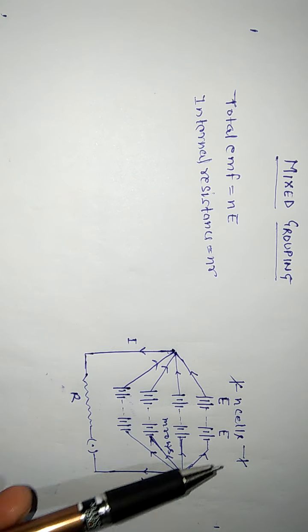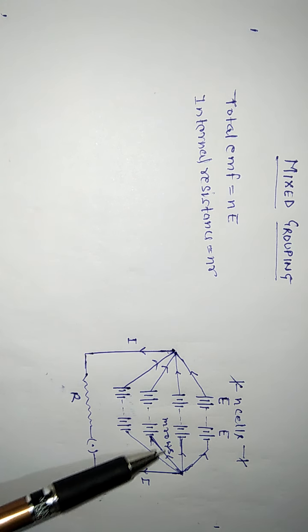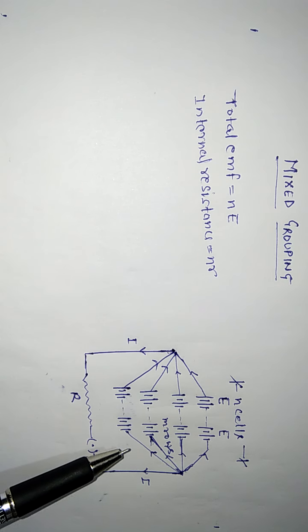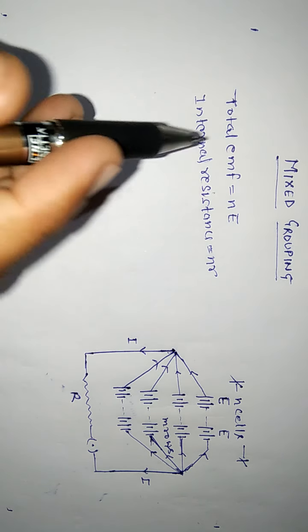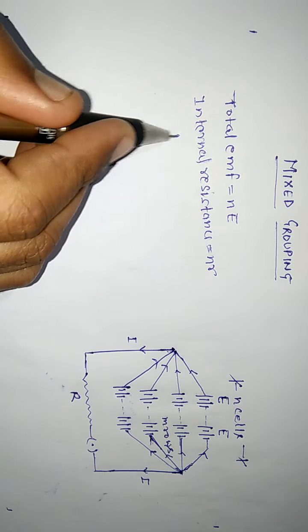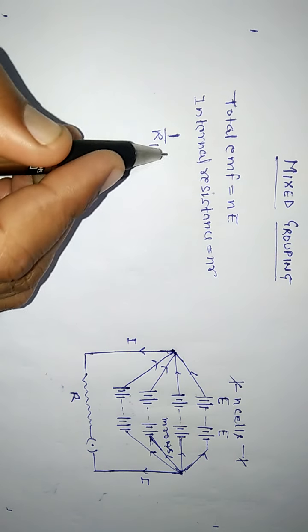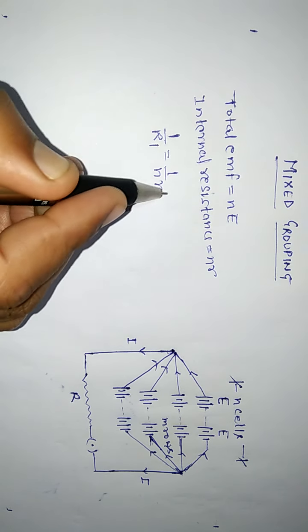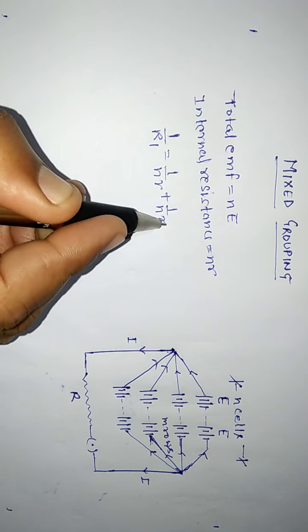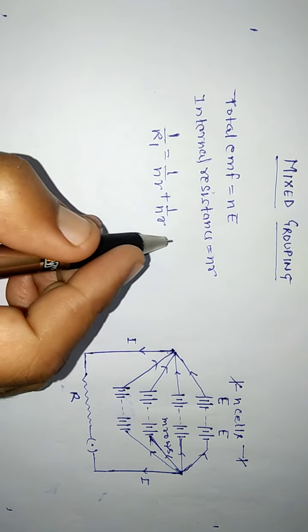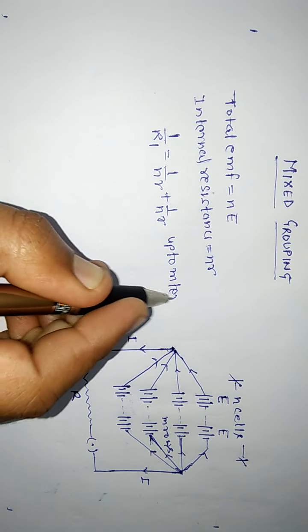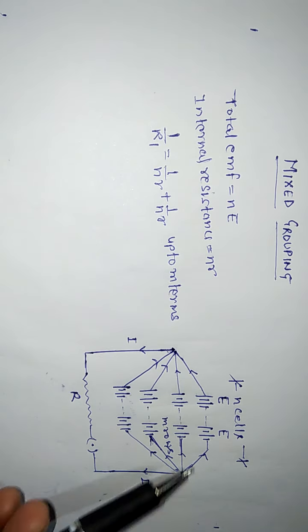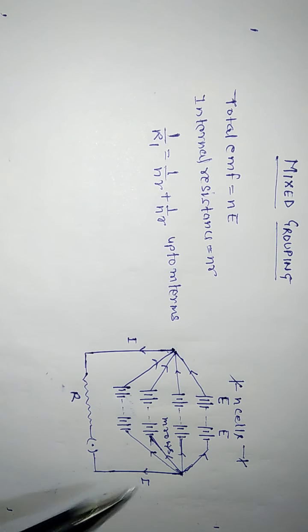Now because these m rows are connected in parallel, if we suppose that the internal resistance of the whole battery is R1, then 1/R1 is equal to 1/nr plus 1/nr up to m terms, because there are m rows.